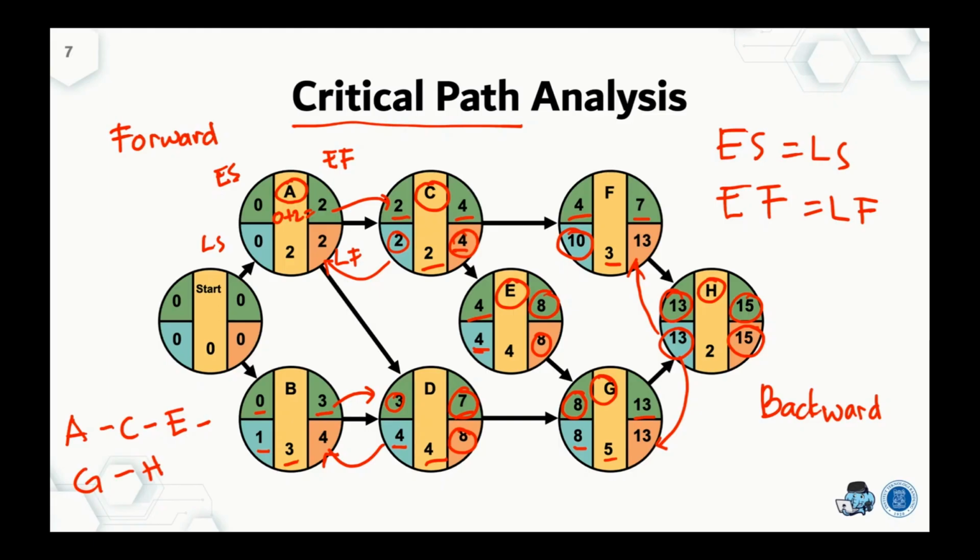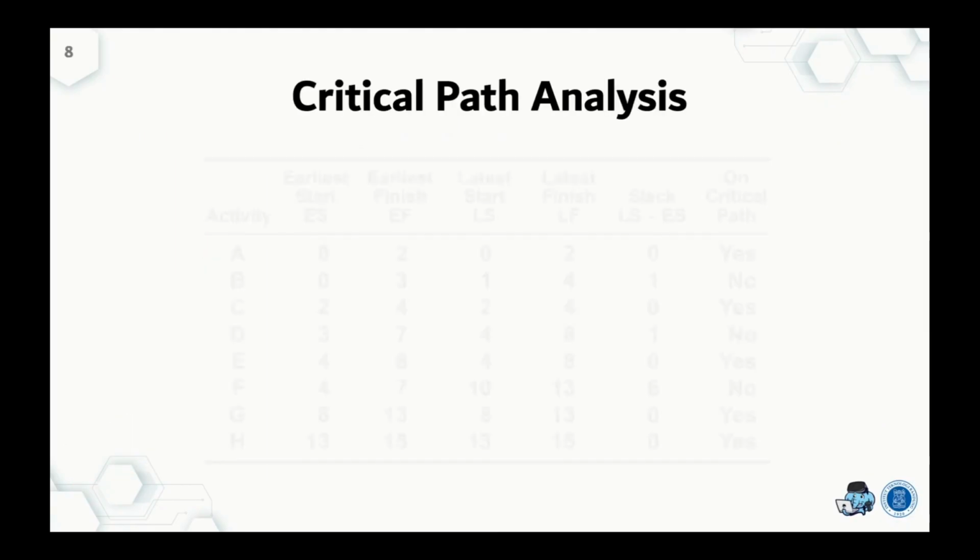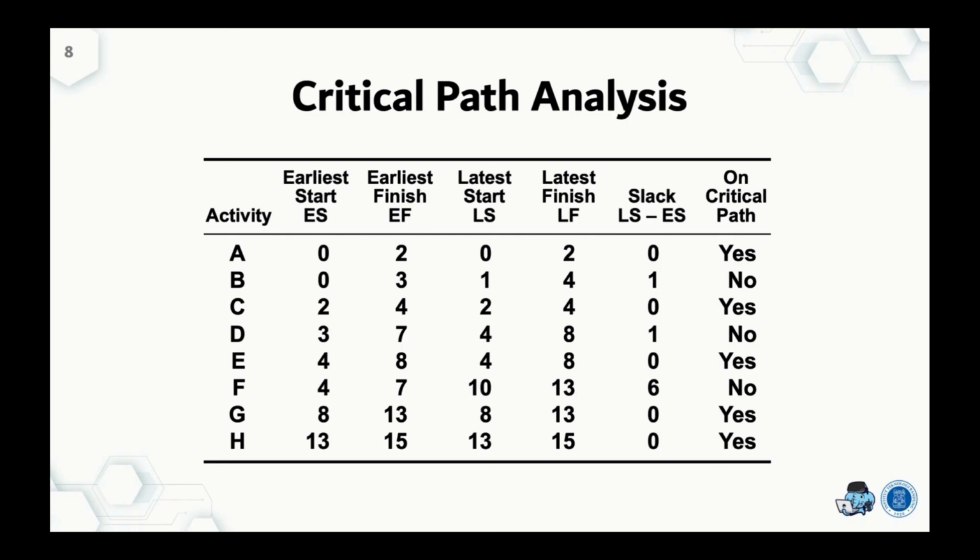We need to pay attention and put our resources into keeping these critical path activities working accordingly. This table shows the critical path analysis, similar to our analysis before: activities A, C, E, G, and H are the critical path since they don't have what we call slack or allowance.